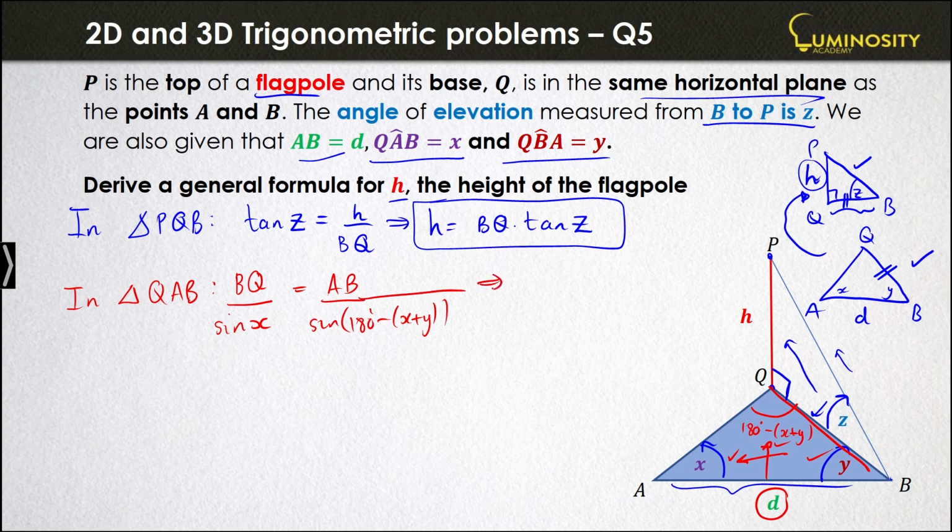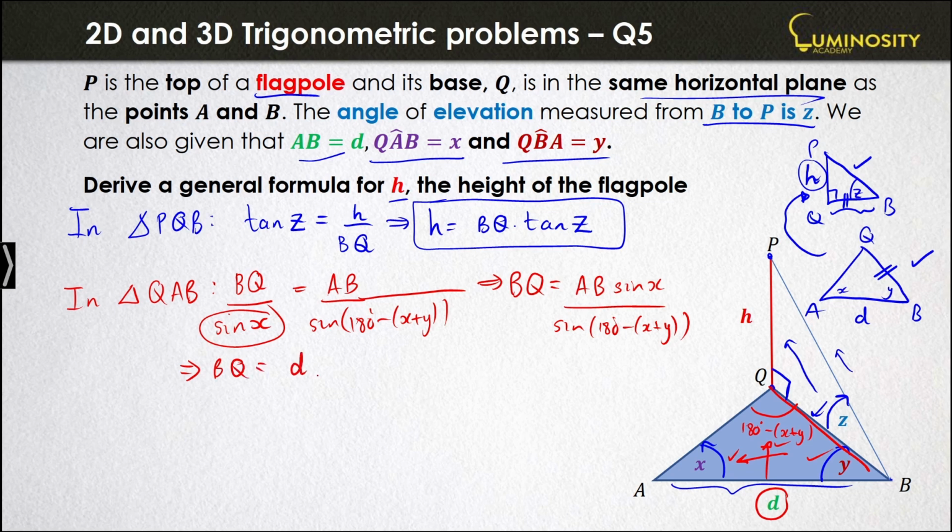Okay, and then solving for BQ, if I cross multiply both sides by sine X, I have AB sine X all over sine of 180 degrees minus angle X plus Y. So BQ, AB was given as D units, times sine of X, all divided by, now sine of 180 minus an angle, from your CAST diagram, that's going to give you the second quadrant, so it's going to be 180 degrees minus that angle.